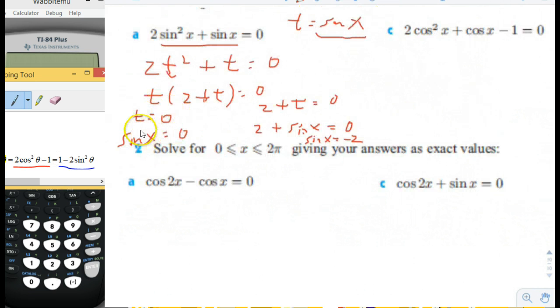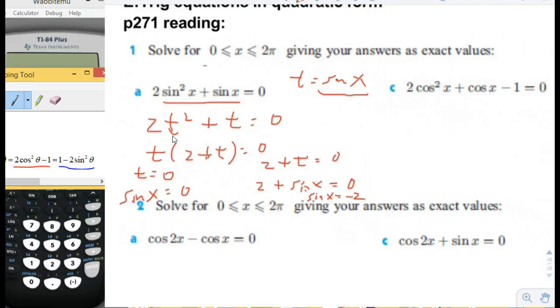So t equals 0 means that sine of x equals 0. And the other factor equals 0 means the sine of x expression equals 0, because we substitute sine x back in after we factor it. We just put the t in there to make it easier to factor. Sine of x equals 0, we know the solutions for that. The solutions between 0 and 2 pi, like we've seen before, are 0, pi, and 2 pi.